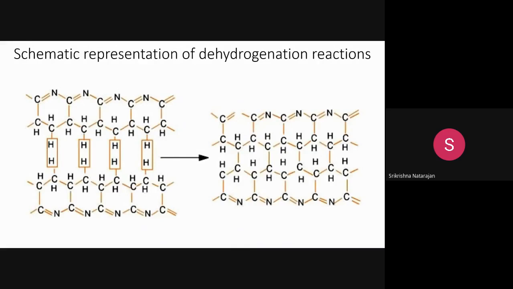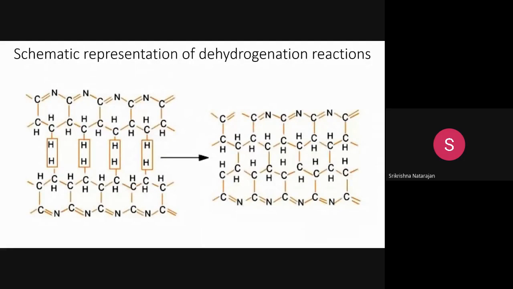And if you observe for a more clear understanding, you see the interior. This is the structure of the polyacrylonitrile. Here you can see this hydrogen which is present here. This will get removed. This is the dehydrogenation reaction that takes place during the oxidative stabilization.